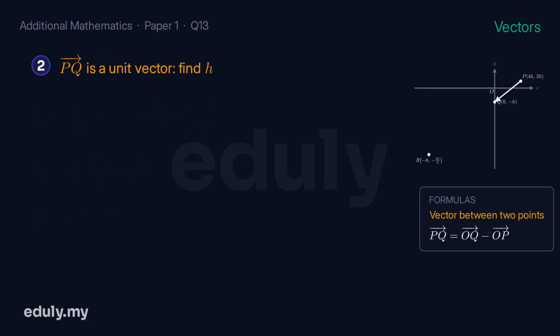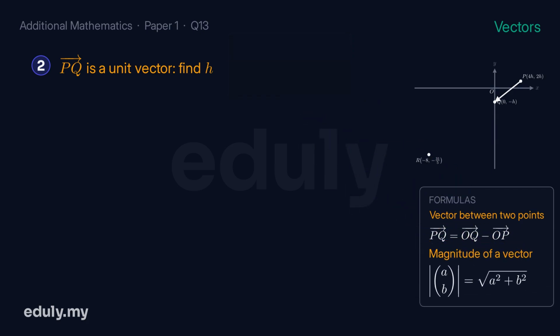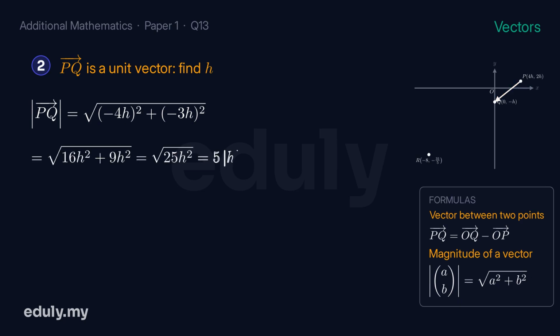Part A2. A unit vector has length 1, so we set the length of PQ equal to 1. The length of a vector comes from its components, just like Pythagoras. Square each component of PQ and add them under the root. 16h squared plus 9h squared is 25h squared, whose root is 5 times the size of h.